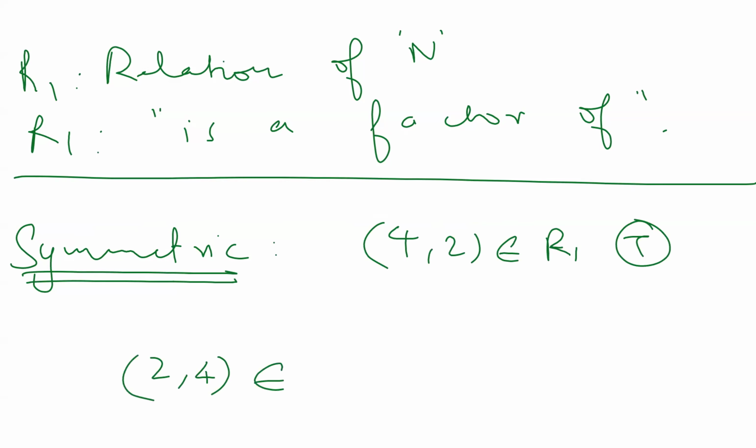Will it belong to R1? Is it true or false after reversing the statement? After reversing the statement, it is false. 2 is not a factor of 4. Does not belong to R1.